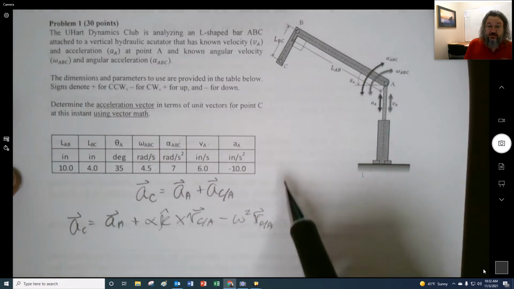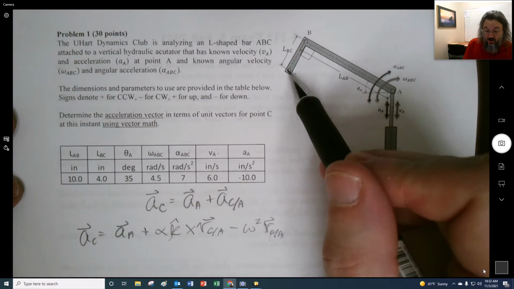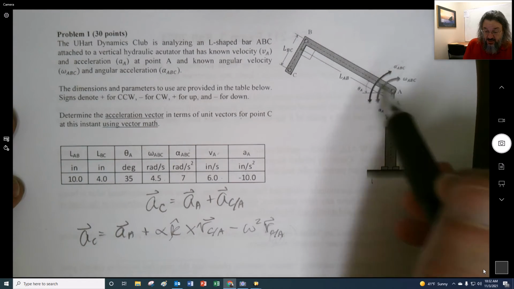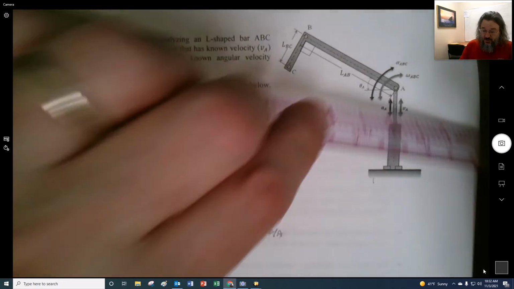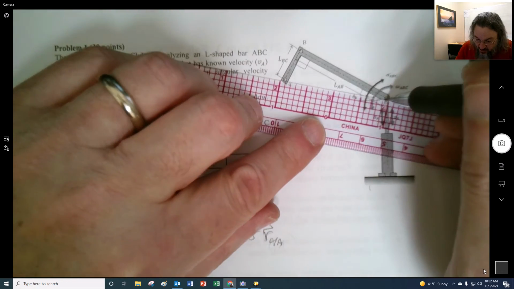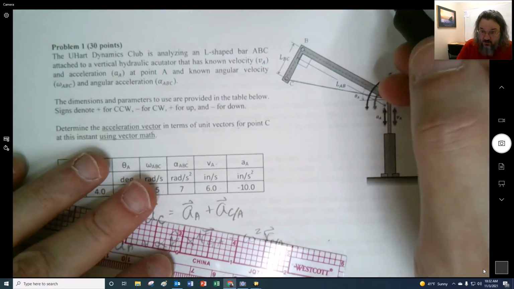All right, so I need to get r of C with respect to A, but I'm given this little thing. So that's really the only little snag that we have. We need to find this length right there.